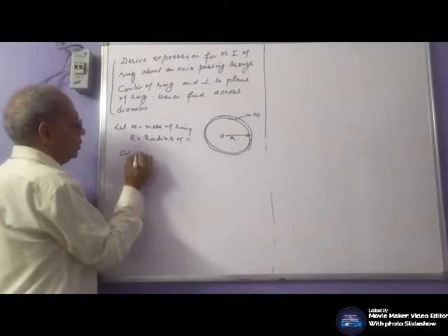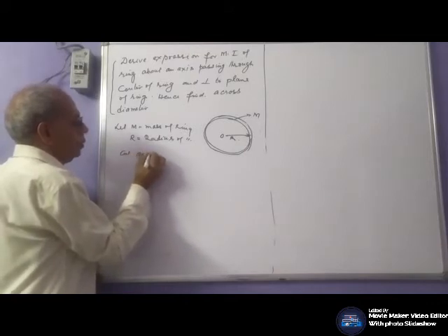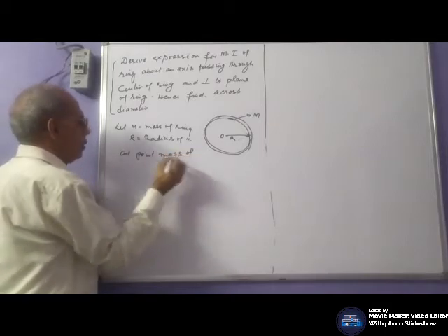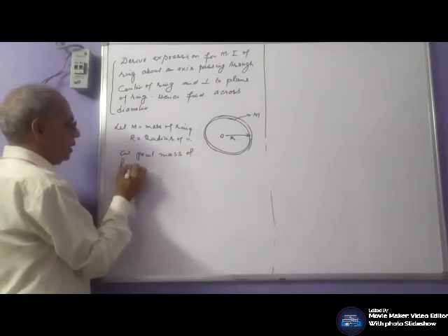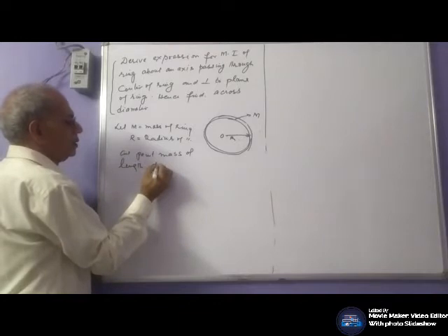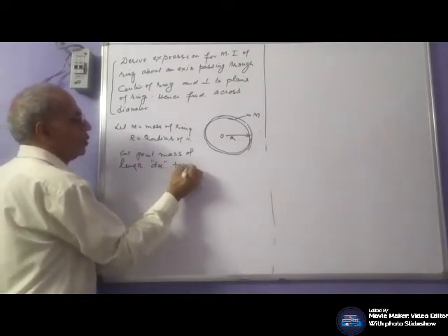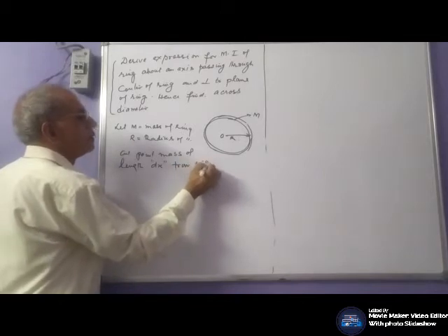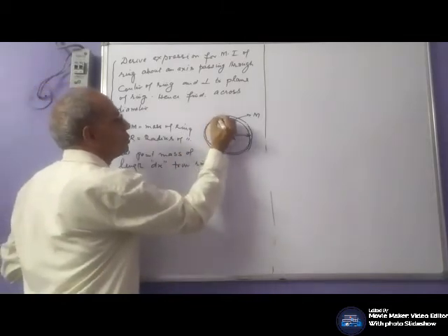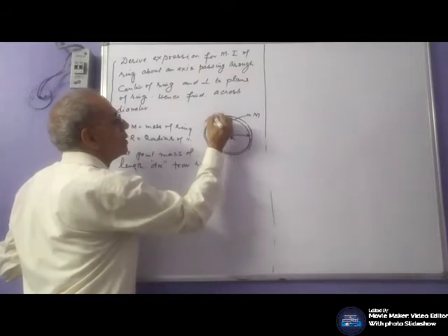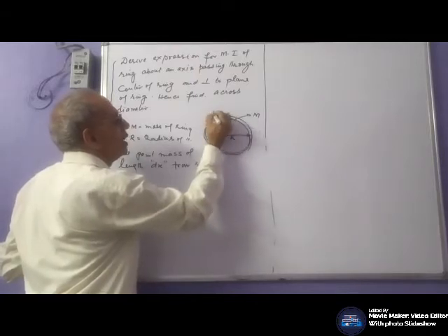Cut a point mass of length dx from the ring. This length is dx.